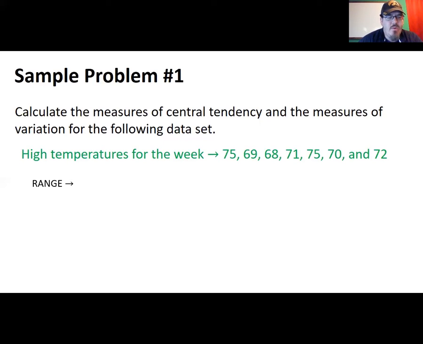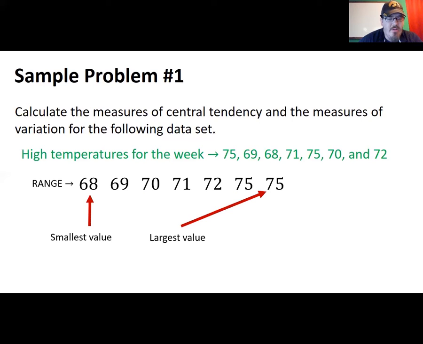That's what these values are intended to indicate. Now, the easiest one of those values to calculate is what's called the range. And the range is fairly simple. You don't have to put the list in order, but it definitely helps, especially if you've already done it for calculating things like the median. Just go back to that ordered list. For the range, you find the smallest value in your list, and the largest value in your list, and you simply subtract them.